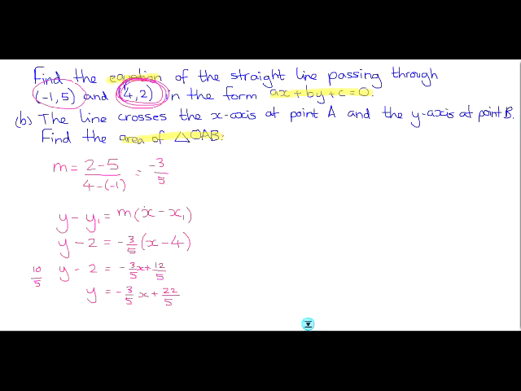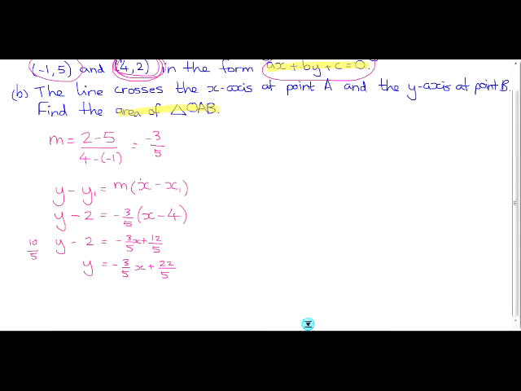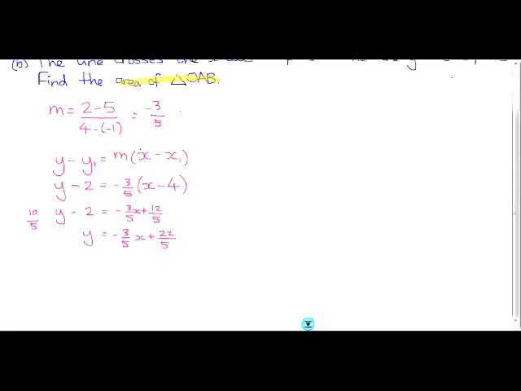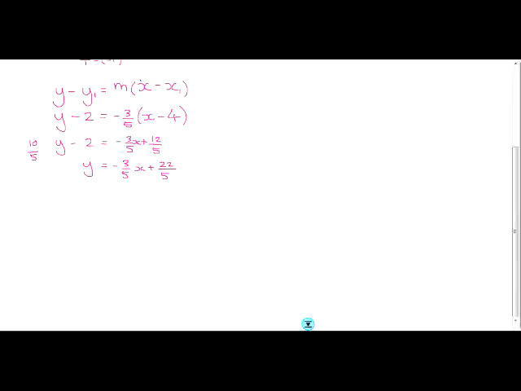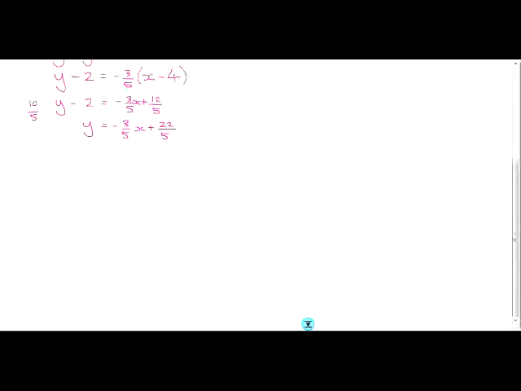Okay, so because we need it in this form here, it would always say where a, b and c are integers, it doesn't want any fractions. So in fact, what I am going to do is just drop this down a tad. So because we've got this divide by 5, we're going to have to times everything by 5. And remember, what you do to one side, you must do to the other. So I'm just changing colour.